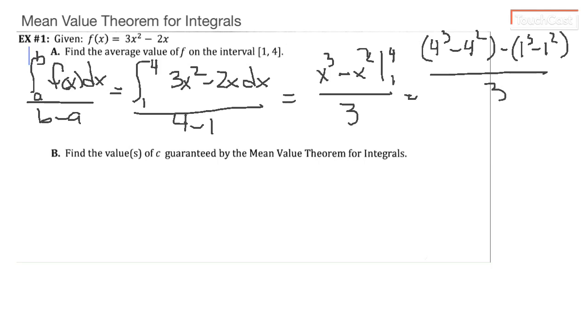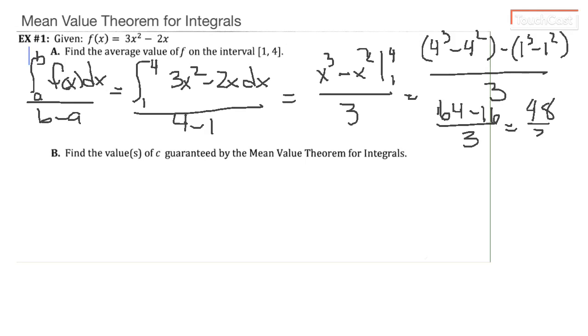all over 3. So 4 cubed is 64, 4 squared is 16, and 1 cubed is 1, 1 squared is 1. If we went 1 minus 1, we'd get 0, so we're going to end up subtracting 0. I'm not going to write that. So over 3, and then 64 minus 16 is 48.